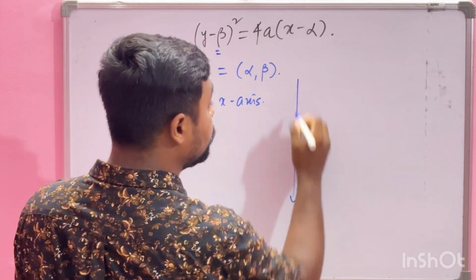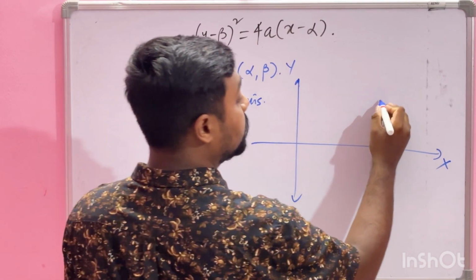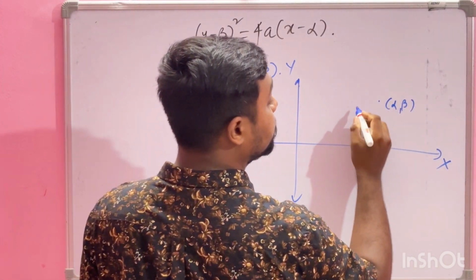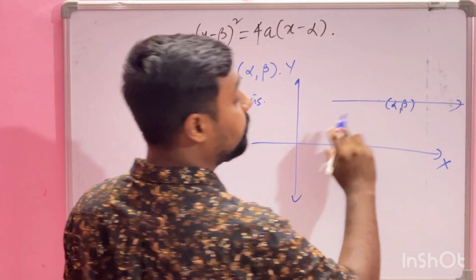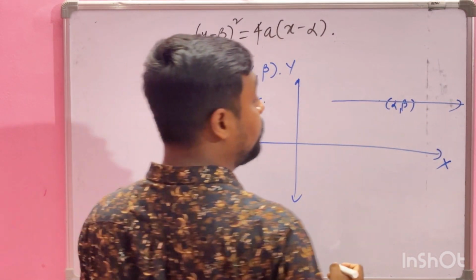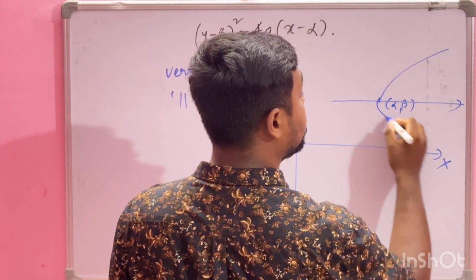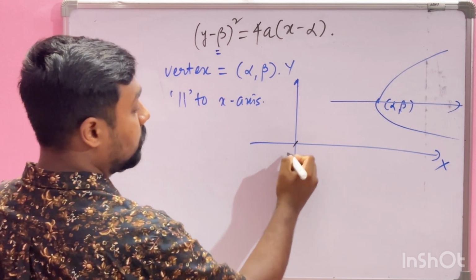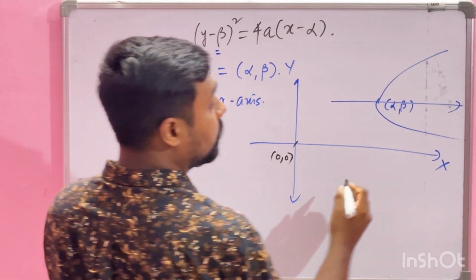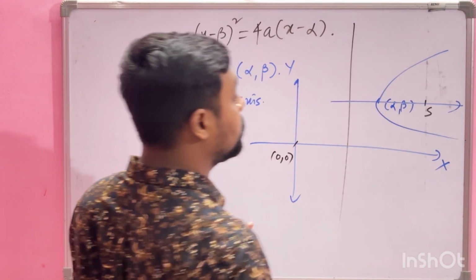If this is your coordinate axis, so (alpha, beta) is the vertex and this is parallel to x-axis, that means this is your axis of parabola. So the parabola will look like this. This is (0, 0), and if S is the focus, this is the directrix.